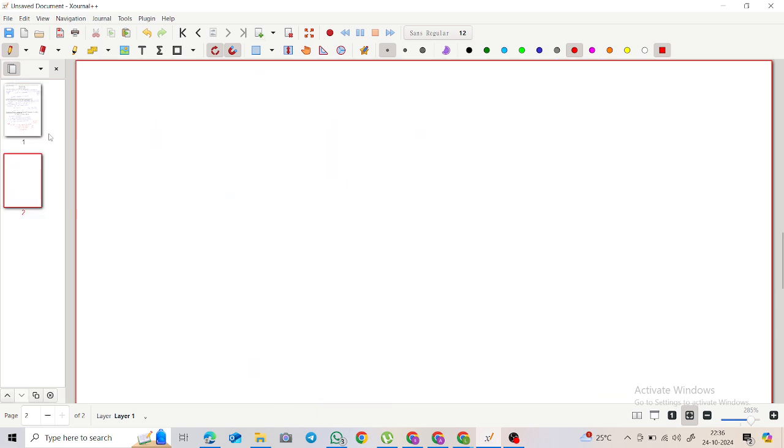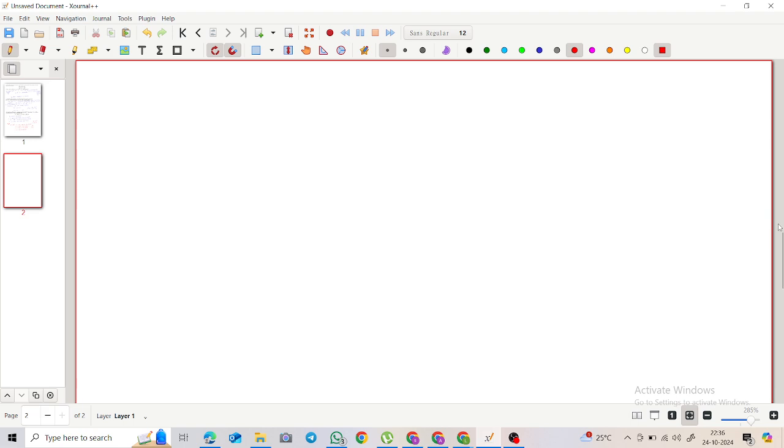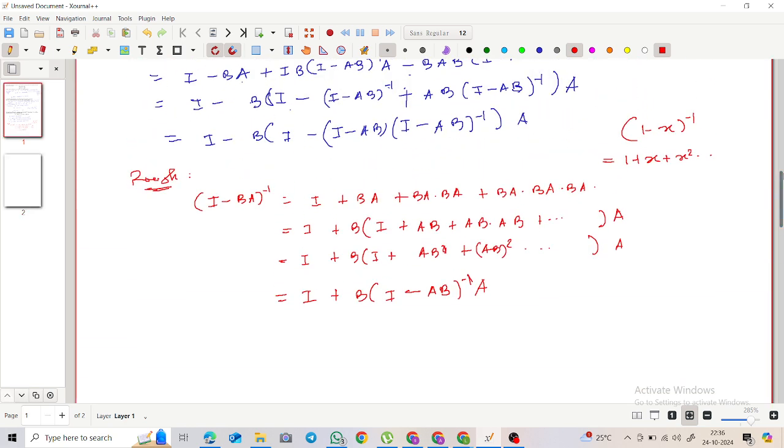Sir, in the intuition you did that 1 minus x whole inverse, we know that the Taylor series expansion is 1 plus x plus x square and so on, and you are using this expansion here for I minus BA whole inverse. But my doubt is that when we are using that expansion, x should be a real number.